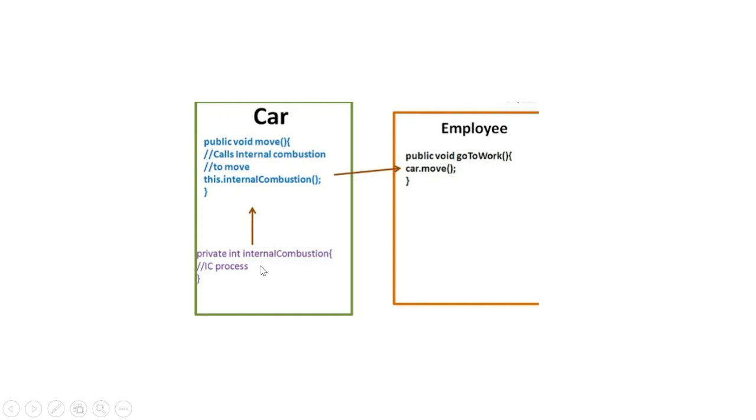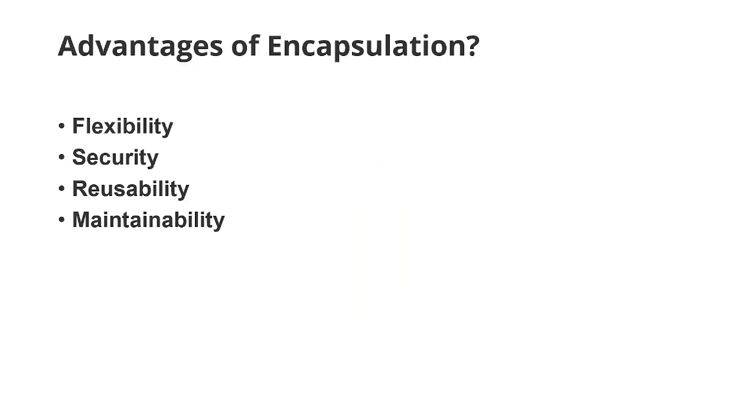He can change the internal combustion method later, he can provide some engine or something more. So at the implementation level we are hiding the details. In this encapsulation, as I already told, we are getting flexibility, security, code reusability and maintainability.